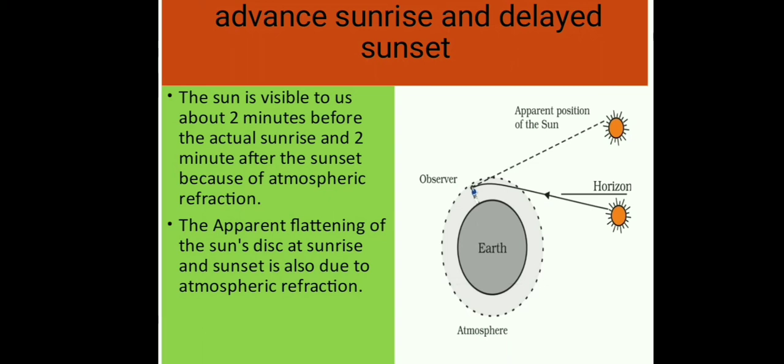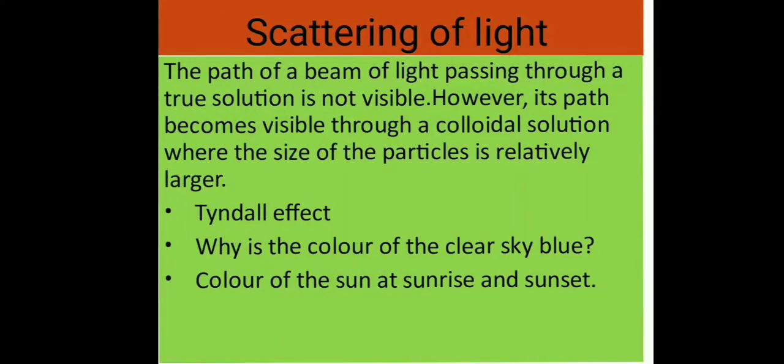This is only due to the atmospheric refraction. Because of this, the sun is visible about 2 minutes earlier than actual sunrise and about 2 minutes after the actual sunset. One more thing, the apparent flattening of the sun's disk at the sunset and sunrise is also due to the atmospheric refraction.